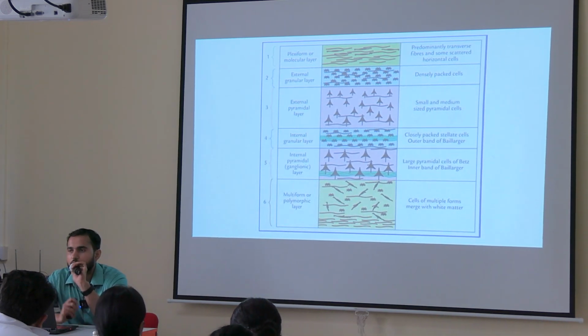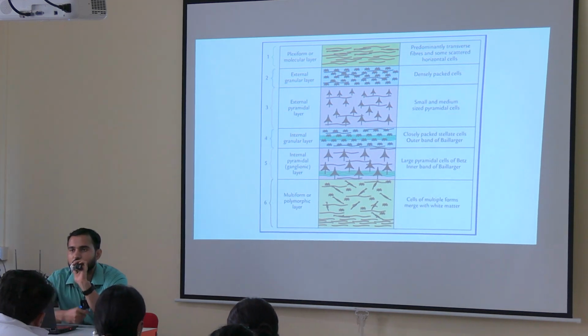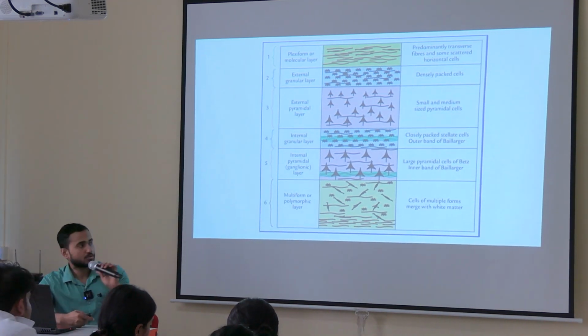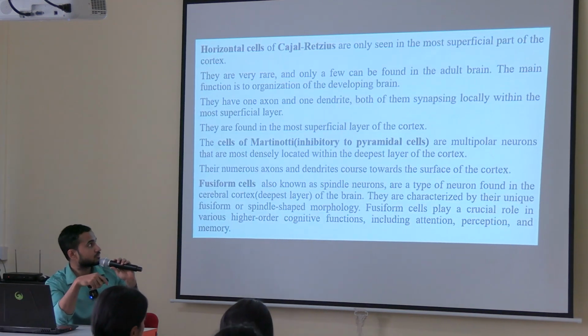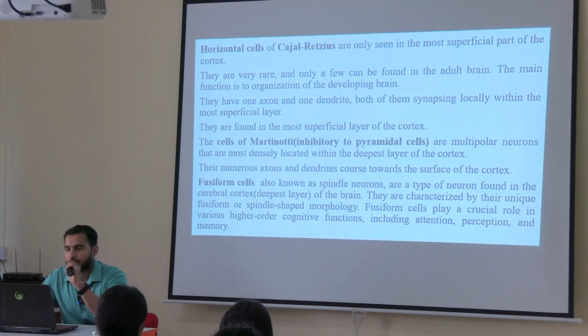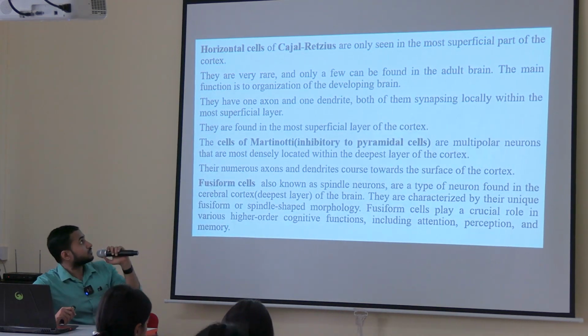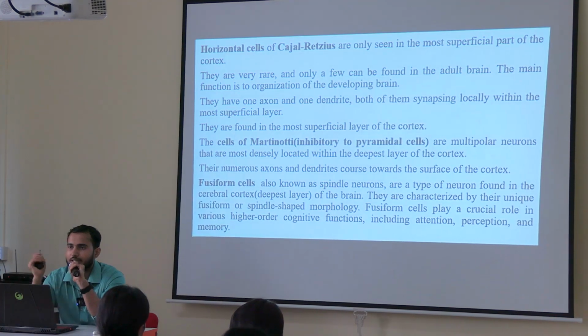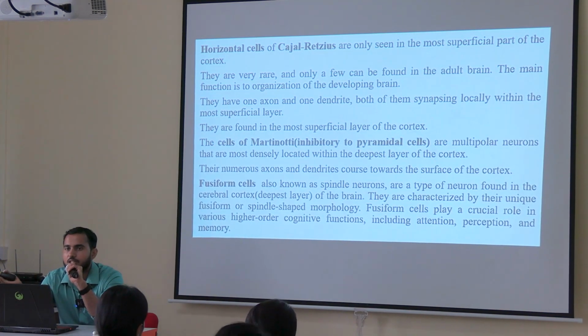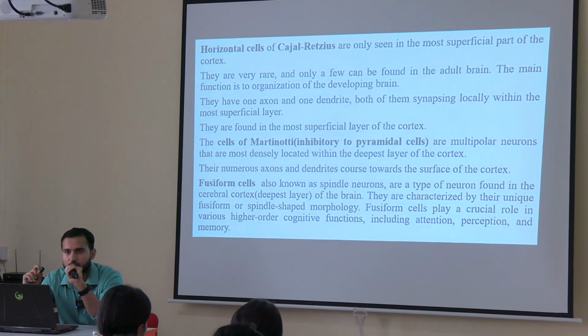So you must know some important functions of those cells. First we will see the horizontal cells. Horizontal cells are also called Cajal-Retzius cells. Where are they situated? They are situated in the most superficial part of the cortex.